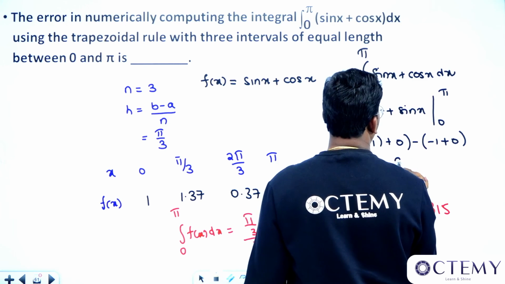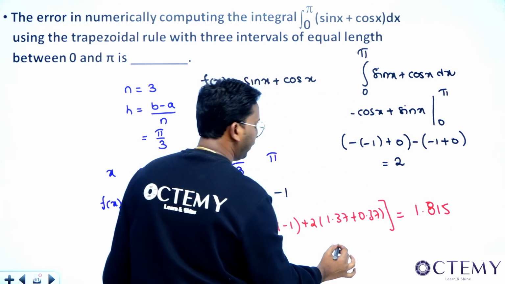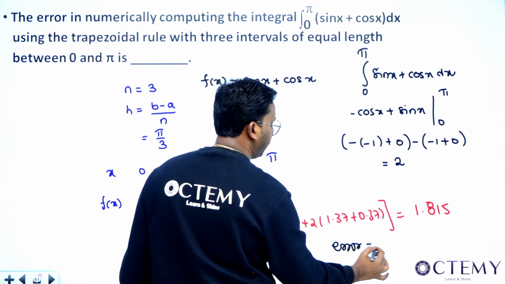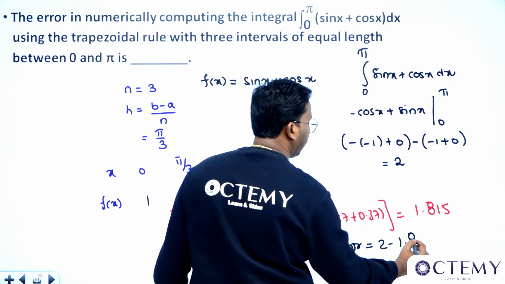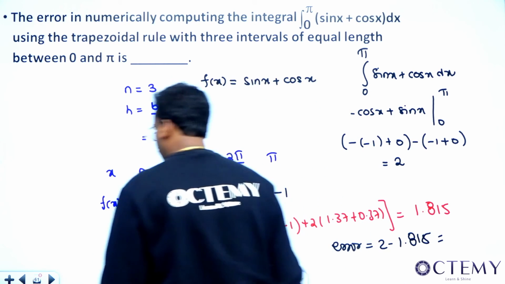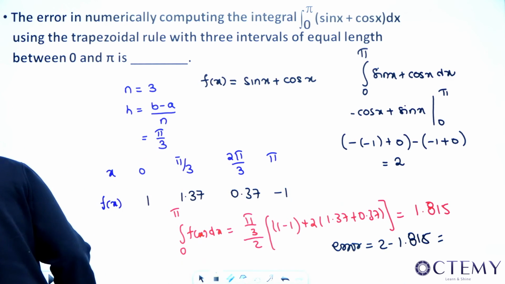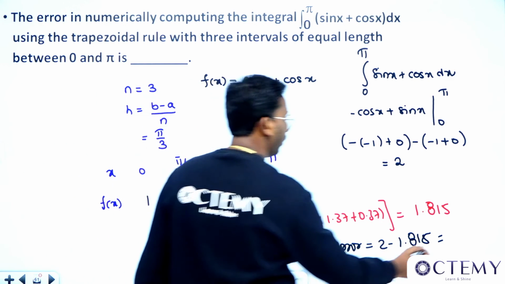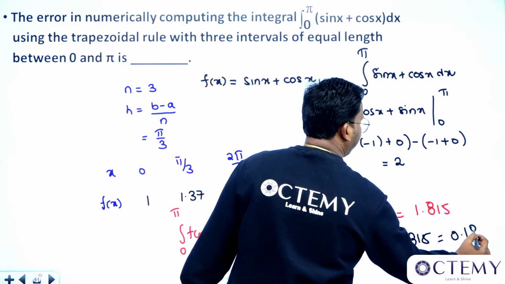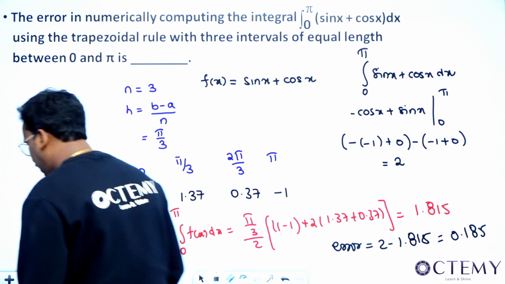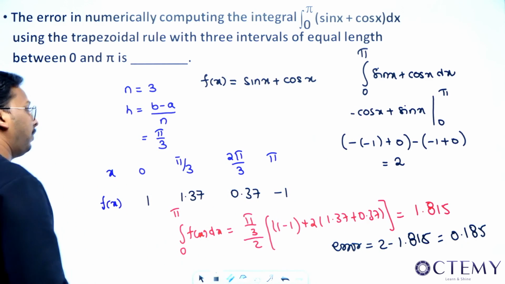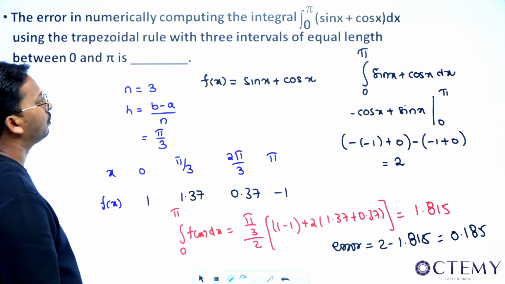So that will become 2. So what will be the error? The error will be 2 minus 1.815, which is equal to 0.185. This should be the answer. Very good, this is also a very interesting question.